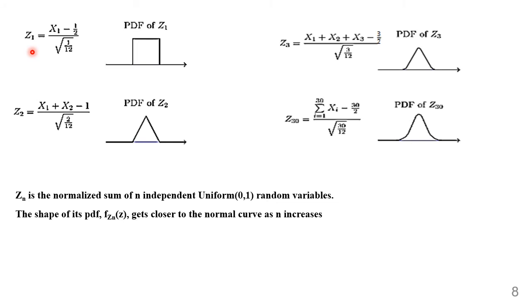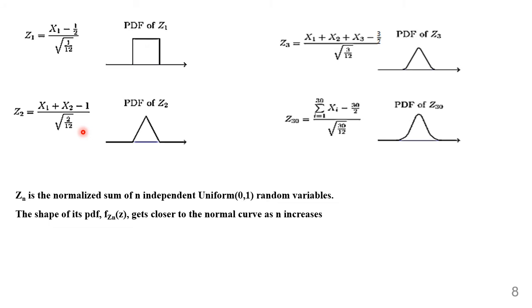When n is equal to 1, Z1 is equal to (x1 minus half) divided by root of 1 by 12, and the PDF for Z1 is given as shown here, which is almost a rectangular wave. Z2 is given by, n value is 2, so (x1 plus x2 minus half into 2, that is 1) divided by root of 2 by 12.